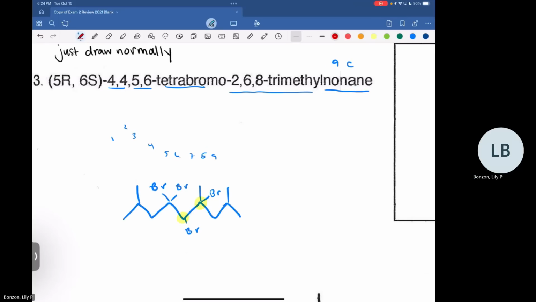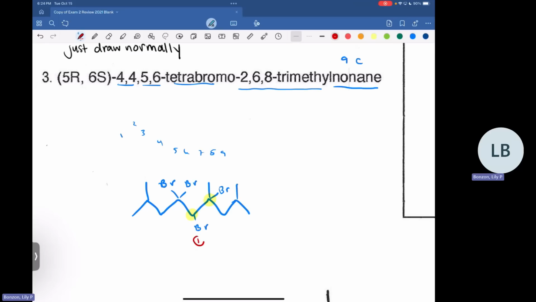So I know that bromine is going to get our highest priority, and I'm going to start at 5. If we go to the next carbon, there's a hydrogen. If we go to the other carbon, we have a C with bromine, bromine. On the right, we have a C with bromine. So the group on the left is going to get the higher priority because it has more groups with higher atomic number, so this is going to be 2.